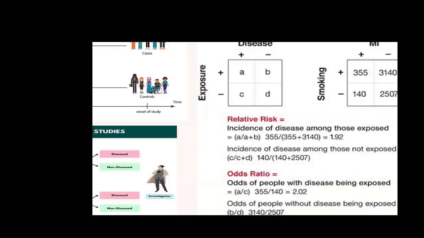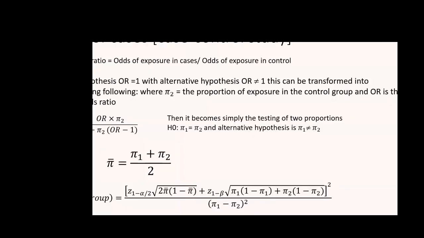This is a brief of the meaning of relative risk and odds ratio for your understanding. Now we come to the formula for calculating the odds ratio with an equal number of cases and controls. Here the odds ratio is the odds of exposure in cases divided by the odds of exposure in controls.